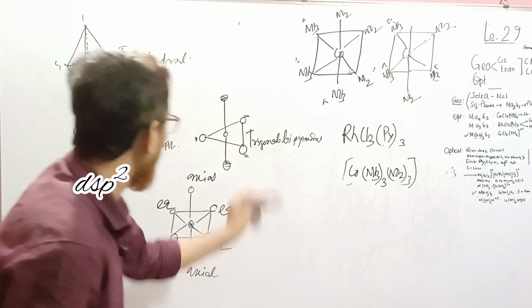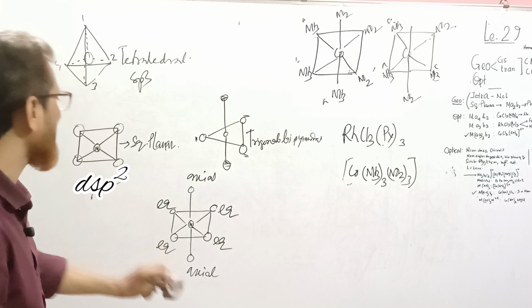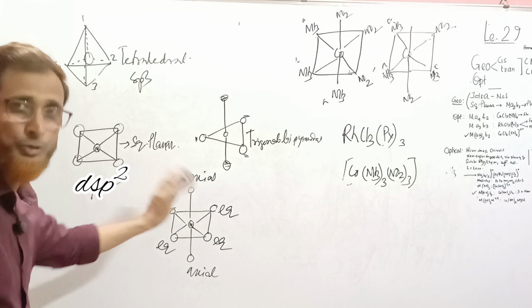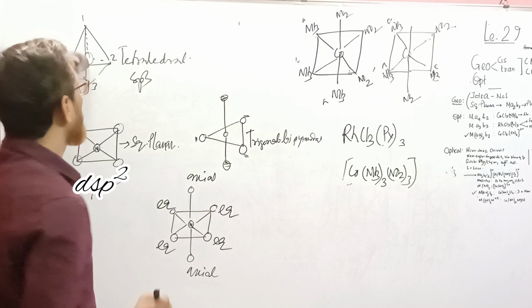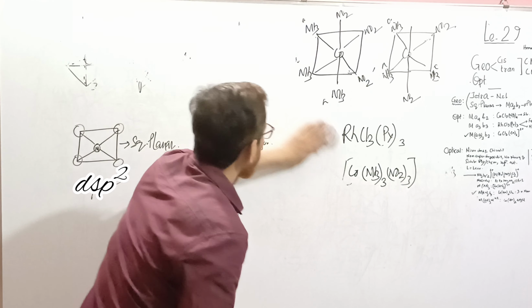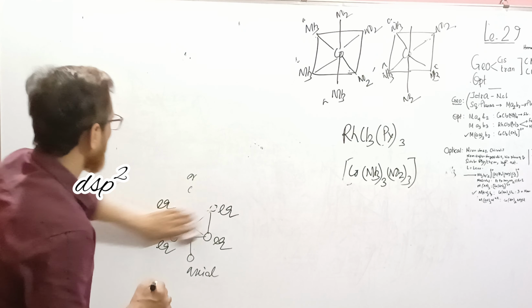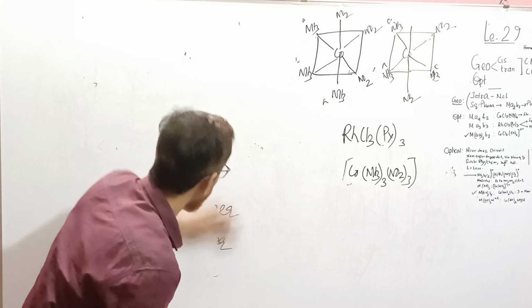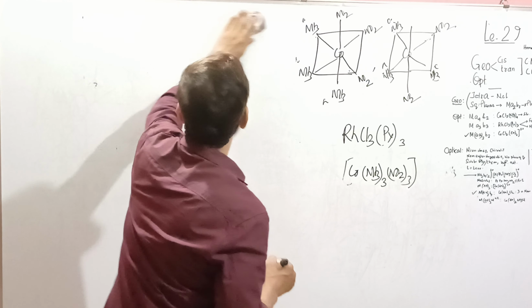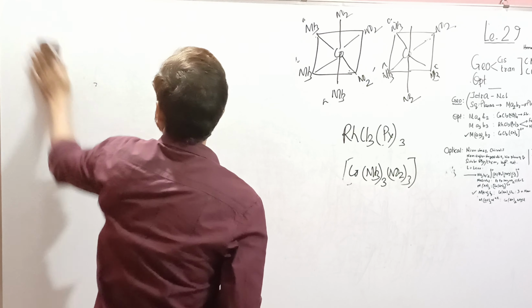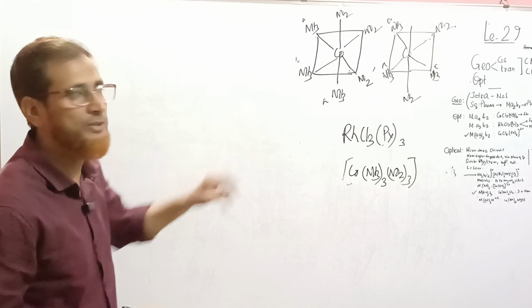Am I right? So you have got some idea regarding the structures and the equatorial and axial positions of the ligands. So far I have explained all: coordination numbers 4 and 6 are all geometrical isomerism.